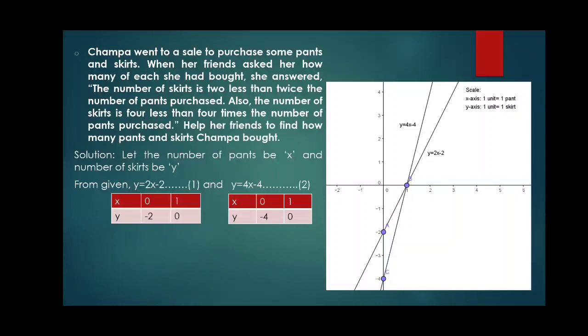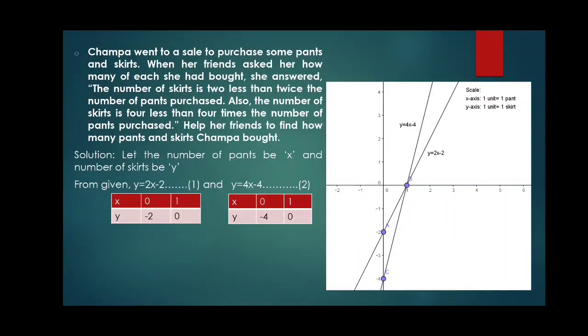And you can see the scale here. X-axis 1 unit is equal to 1 pant, because we assumed that the number of pants is x. So on the x-axis, whatever number you plot, it represents pants. And similarly on the y-axis, 1 unit is equal to 1 skirt, because the number of skirts is y.